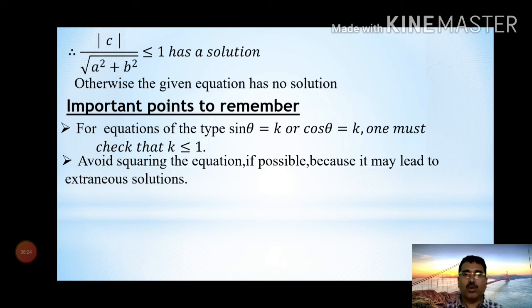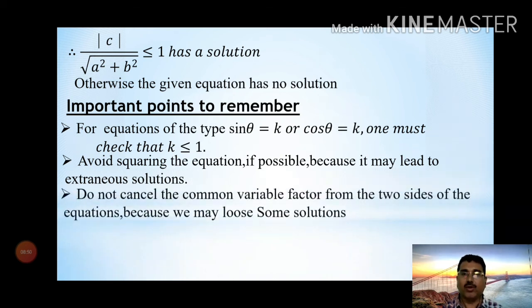Now, before going to the third point, take one example. Let x square equal to 2x. Now, cancelling x on both sides, we get x is equal to 2. But actually, the solutions of x square equal to 2x are 0 and 2.